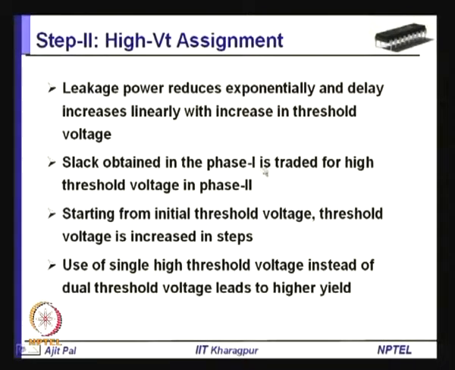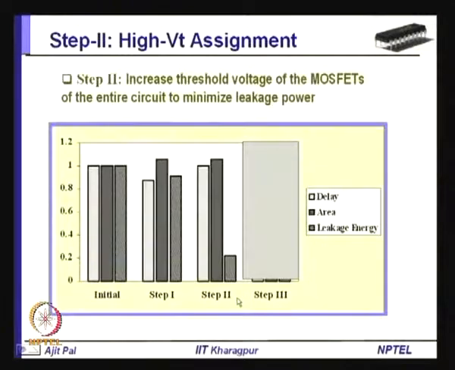So, slack obtained in phase 1 is traded for higher threshold voltage in phase 2. Starting from the initial value, threshold voltage is increased in steps, and use of a single high threshold voltage instead of dual threshold voltage leads to higher yield. At the end of step 2, we find that there is an increase in area, but now the delay is the same as the original circuit, because the use of larger threshold voltage has increased the delay from this value.